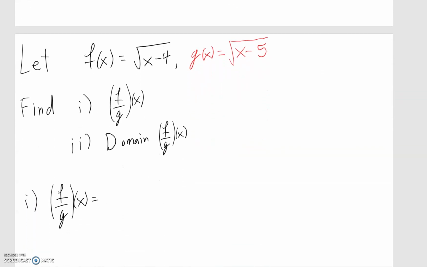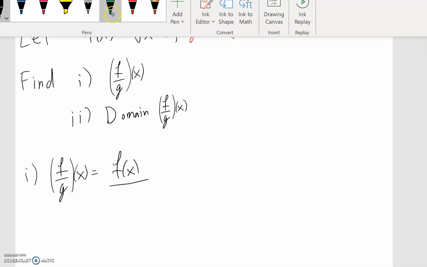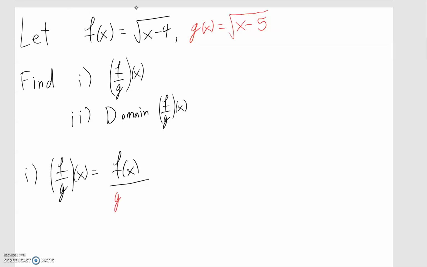Let's take a look at an example. Let's suppose I gave you two functions, f of x equals the square root of x minus 4, and g of x equals the square root of x minus 5. In part 1, you need to find the ratio of these two functions. So how do you do this? We know that the ratio of two functions is equal to the first function divided by the second function.